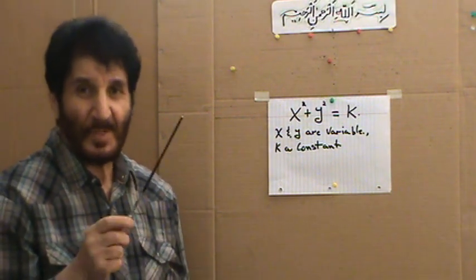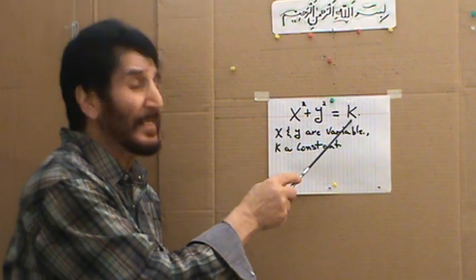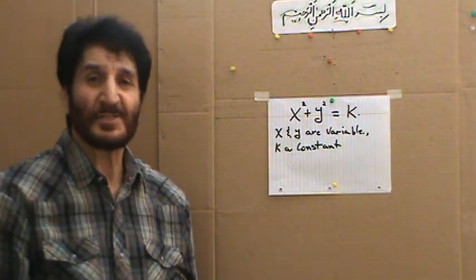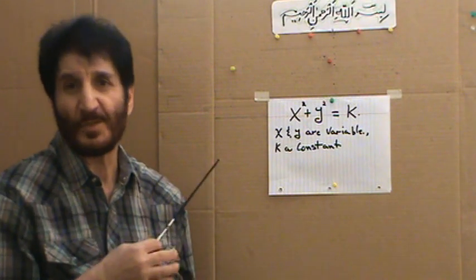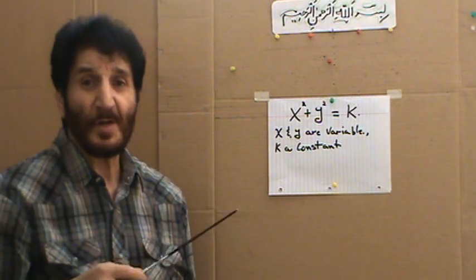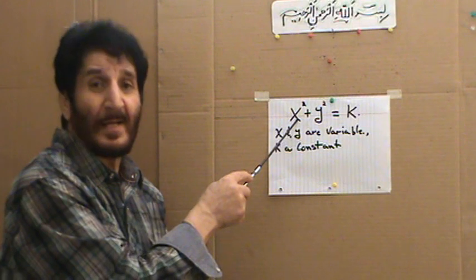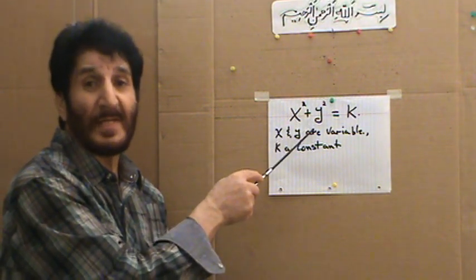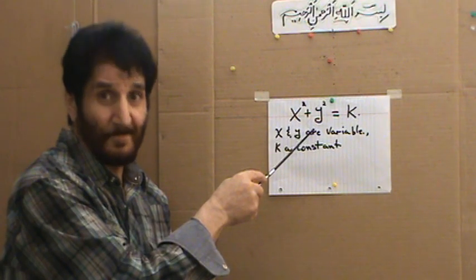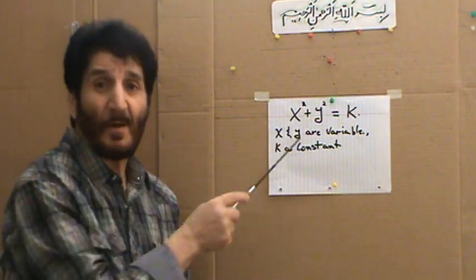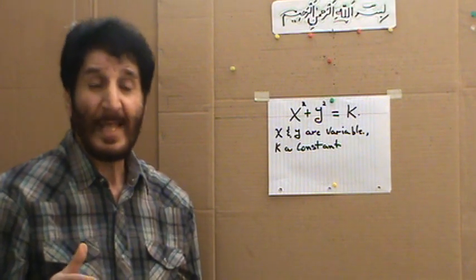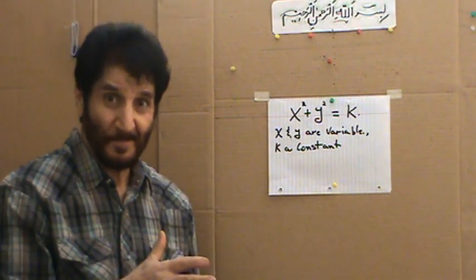Do you follow me? So let me make an example. For instance, k is 4. When I say k is 4, then k does not change. It remains 4 for the entire argument. And what is the argument? What kind of number is in the domain of x? What kind of number will be in the domain of y? The domain of x cannot be a number bigger than 2 or less than -2.